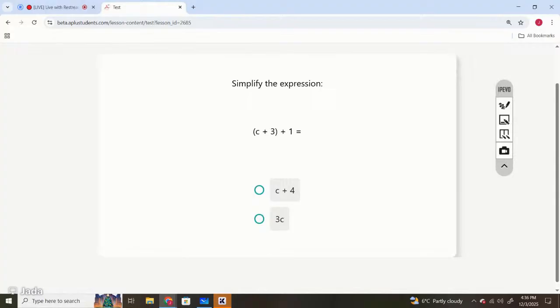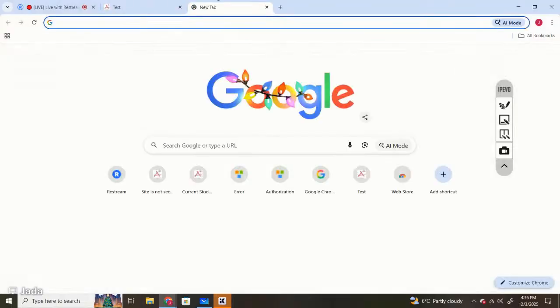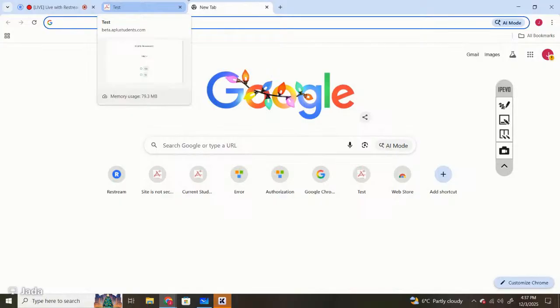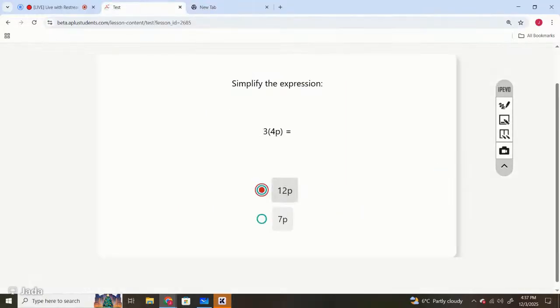C plus 3 plus 1. That equals C plus 4. Simplify the expression 3 times 4b. 3 times 4 is 12, so that is 12b.